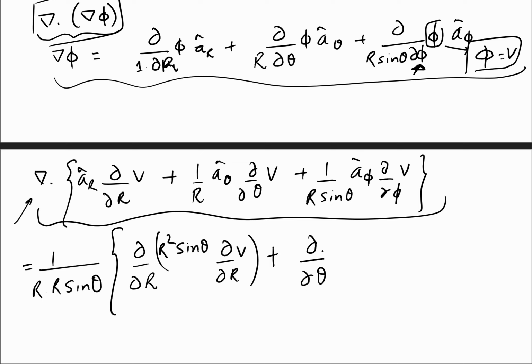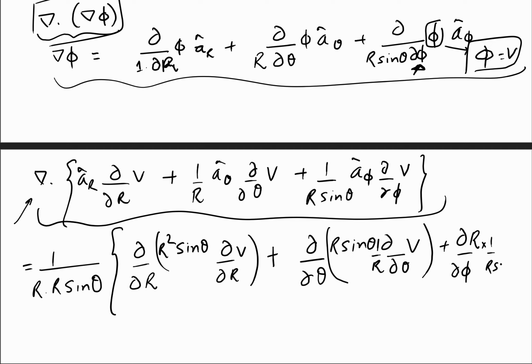Now it will come h1 h3, h1 is 1, h3 is r sine theta, dou by dou theta of v, plus dou by dou phi. Now here it will come h1 h2, h1 is 1, h2 is just r, into 1 by r sine theta dou by dou phi of v.